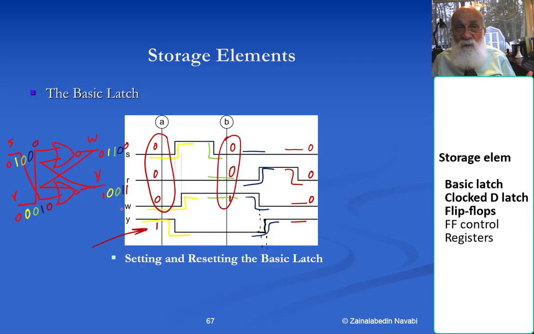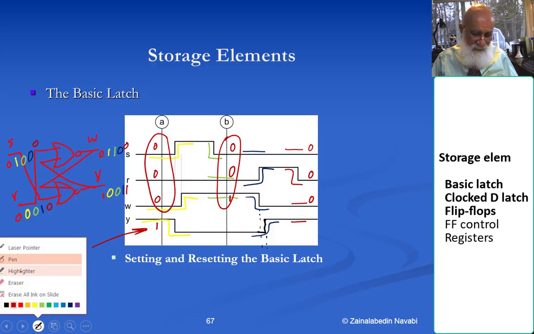I've shown that since for the same input values my output is sometimes 0 and sometimes 1, my circuit actually remembers something. Okay, and what does it remember? Well, let's see. My circuit remembers the following.